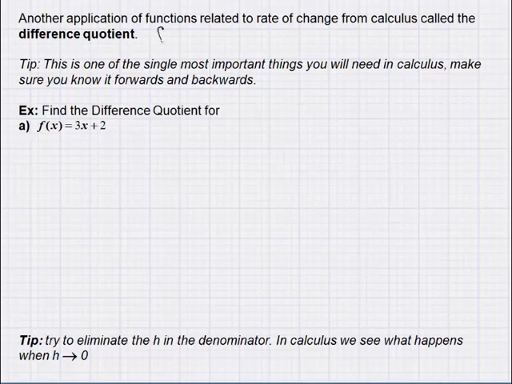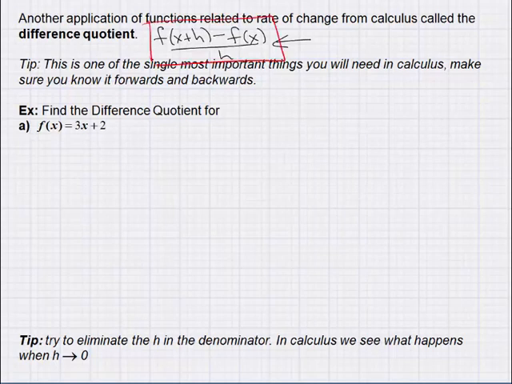The difference quotient is f of x plus h minus f of x all over h. Now, we know how to find f of x plus h. We've already done it. We know how to find f of x. That's actually going to be given, and then this h is here. So what I really want to do is plug these things in here and simplify this fraction. But this fraction is the difference quotient.